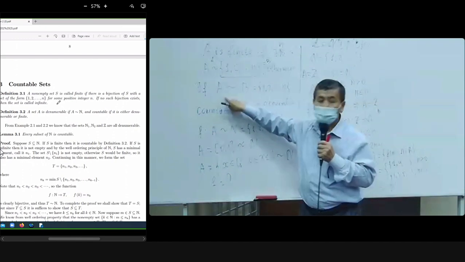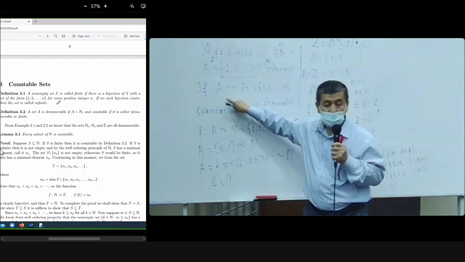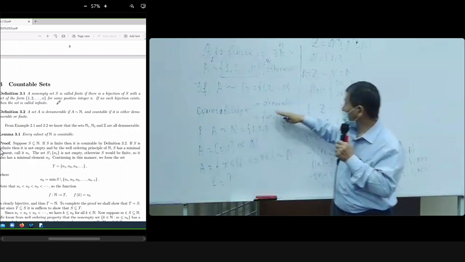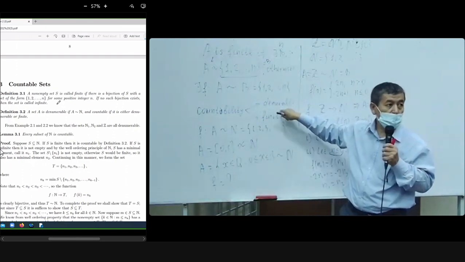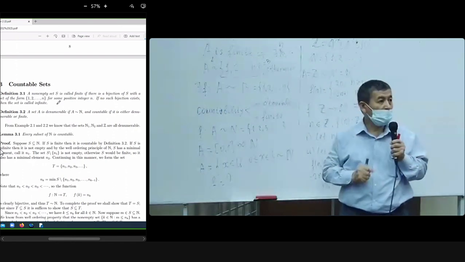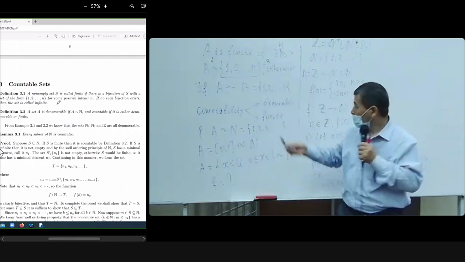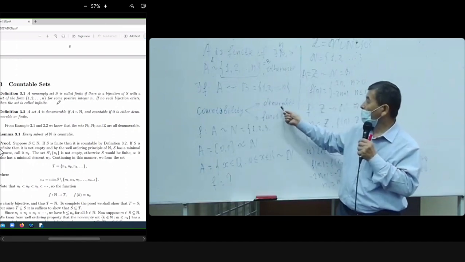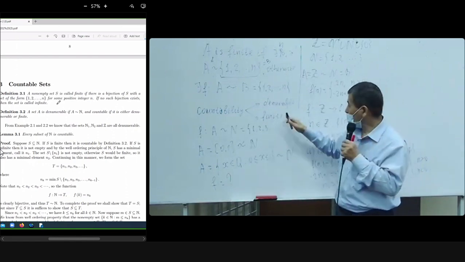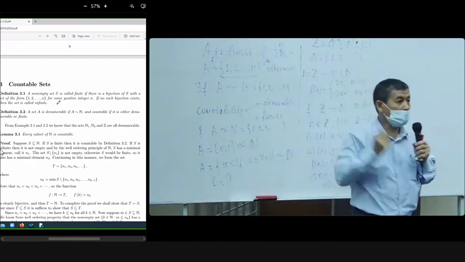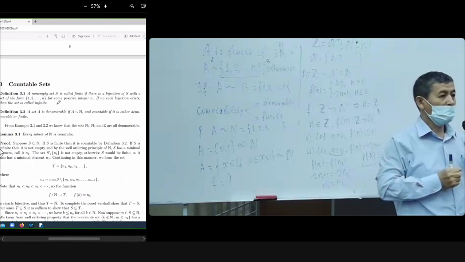But now there is countability. A set is countable if it is denumerable. Denumerable means set A is equivalent with the N. So countability is equal to finite or denumerable. So it means this is a finite set for related to that and to that.